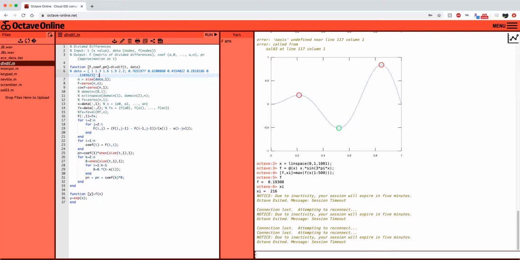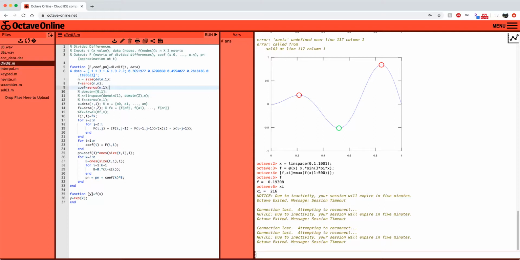So the key one is data must be here. Data must be what? An n by 2 matrix. Okay, keep this in mind.